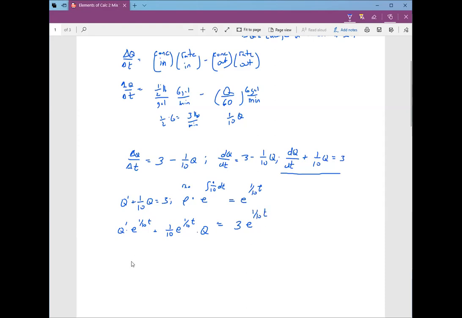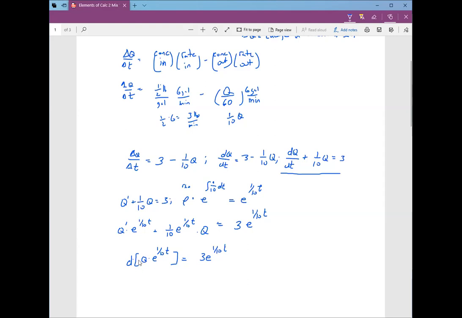Now, the way integrating factors are supposed to work is that the left-hand side is now the derivative of Q times e to the 1/10 t. I urge you, take the product rule and differentiate this and see if you get the same thing. You always should. And that is equal to 3e to the 1/10 t.